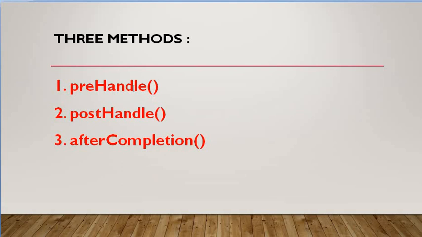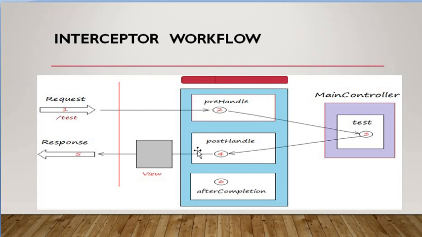If it returns true, then the request will be processed. The postHandle method is used to perform operations before sending the response to the client. The afterCompletion method is executed after the request and response are completed.